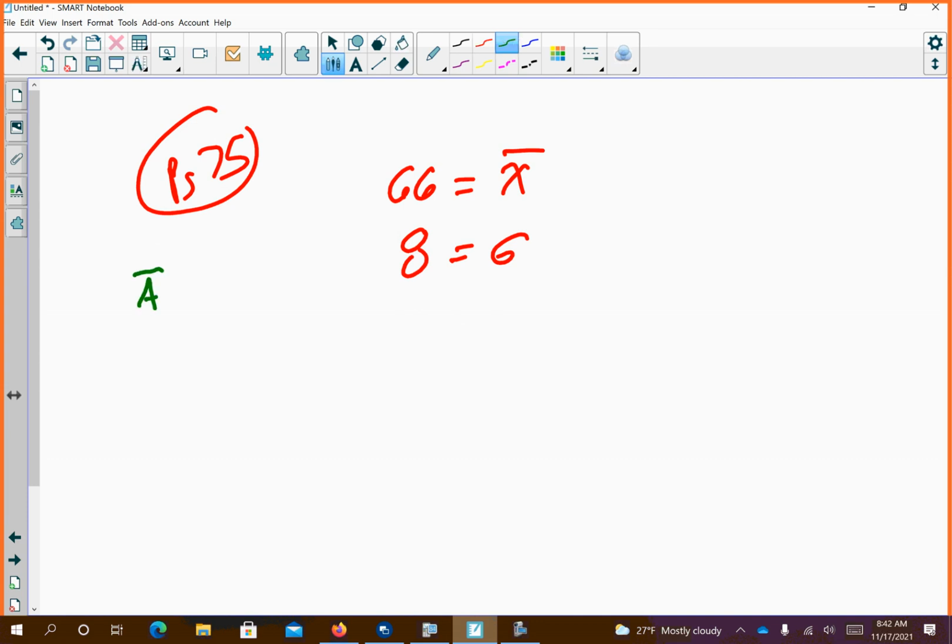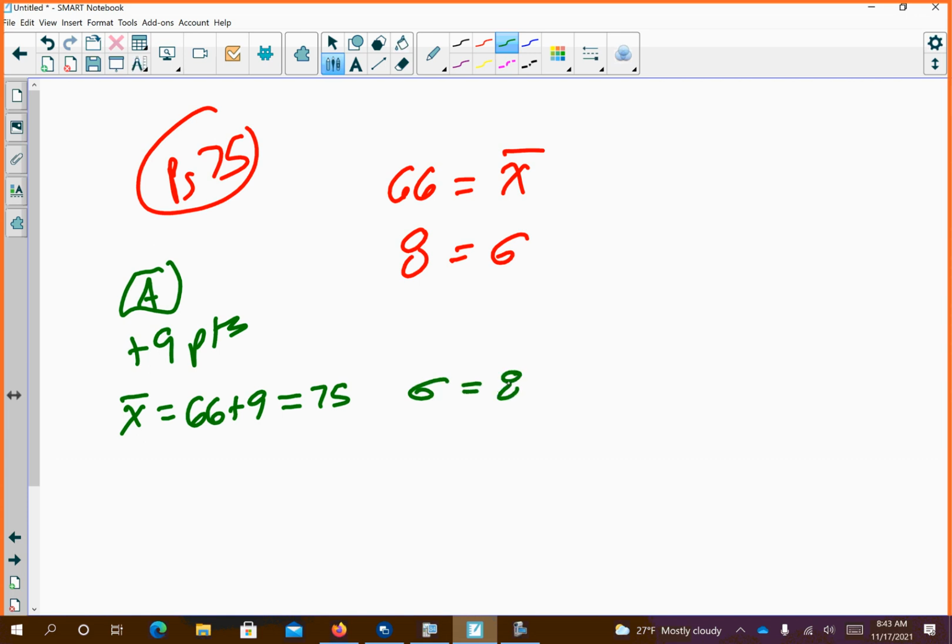So if the teacher decides to add 9 points to everyone, this would create a new mean of 75, but leave the standard deviation unchanged. Okay, so what this means is their new mean is going to be 66 plus 9, so that's going to give me 75, but we're still going to have a standard deviation of 8 to keep our spread consistent. So if you add points, you're not adjusting what the standard deviation is.